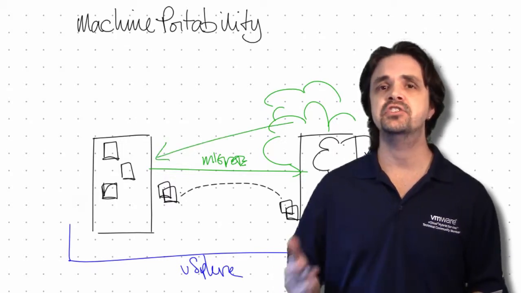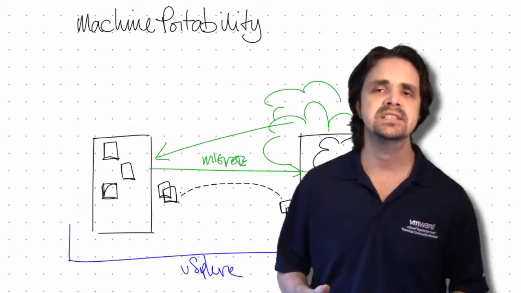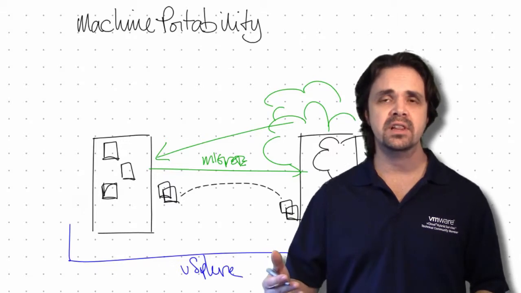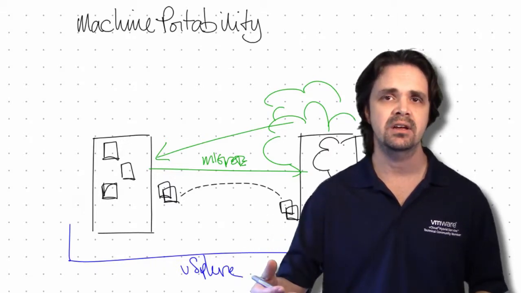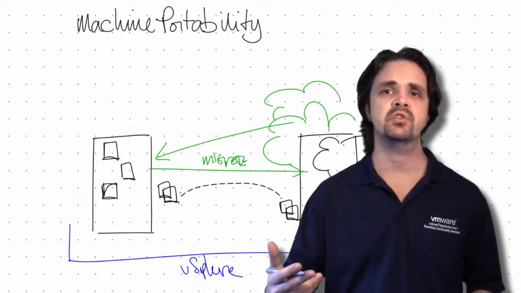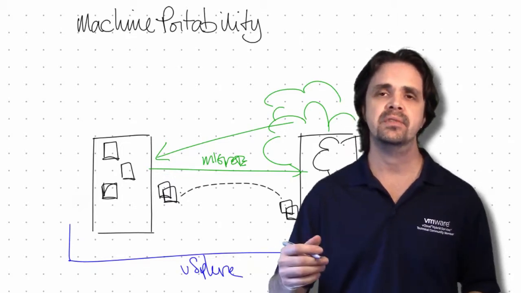It also has the ability to move back. Again, going to our conversation about legacy applications where we said sometimes a workload born in the cloud or arrives in the cloud doesn't necessarily stay in the cloud. This is where we need to have solutions wrapped around the ideas of true machine portability.